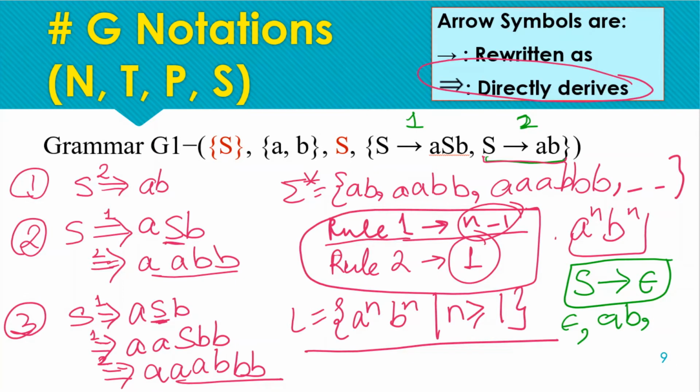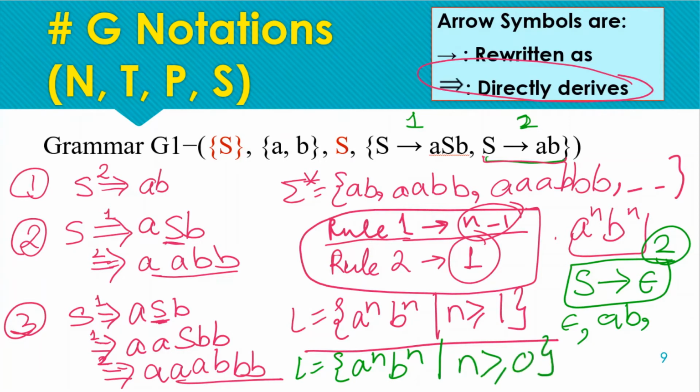So if we have this as a second production rule for this same grammar, then the language will be A raised to power n, B raised to power n, and now we can derive a null string also, so n greater than or equal to 0. So this will be the language if we had this production rule instead of that production rule.